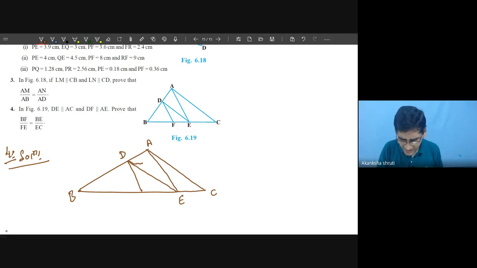This is our D, this is our F. So the figure is like this.